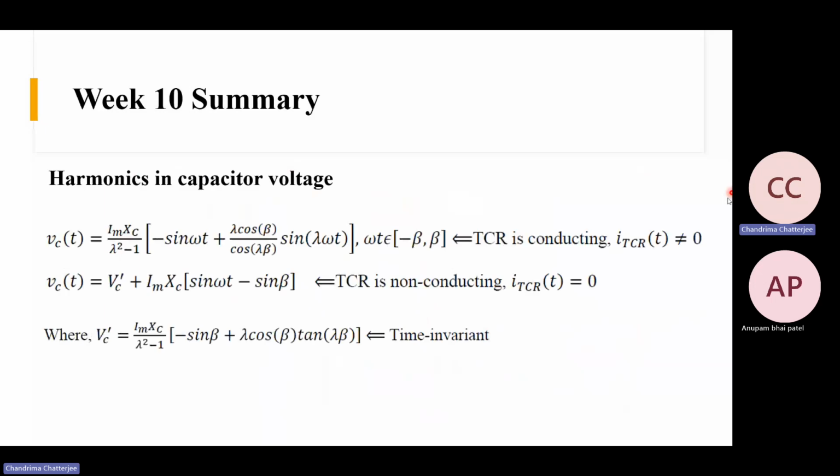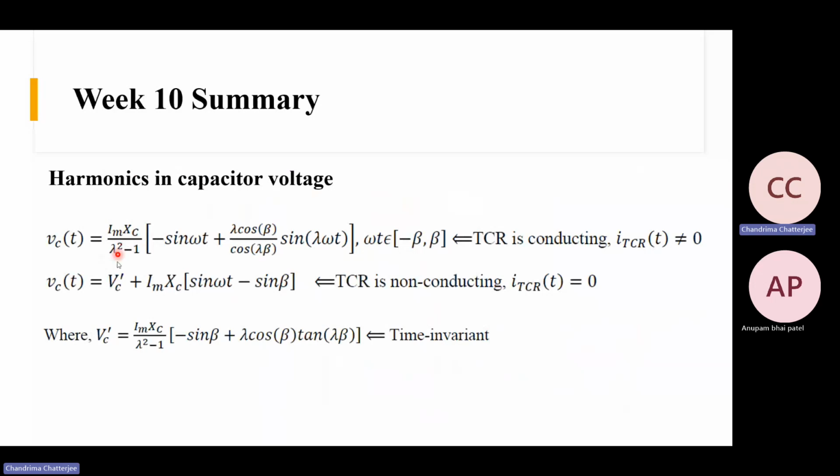So the expression of the voltage across the capacitor is like this. So this is the voltage. Im is the peak of the current. So this is the peak line current basically, and Xc is the reactance of the fixed capacitor.